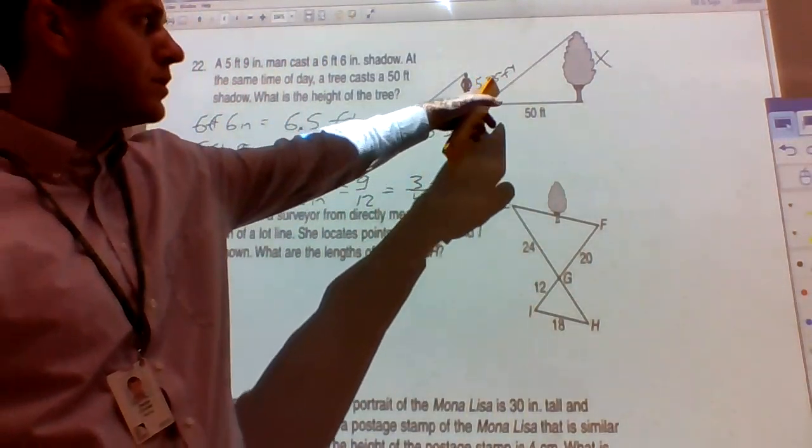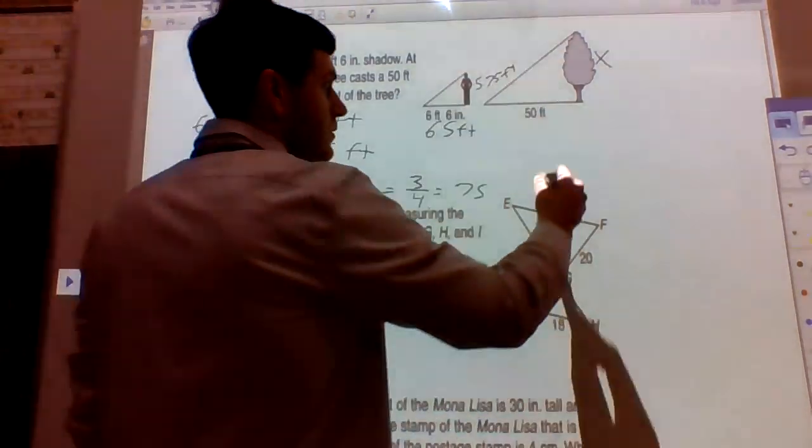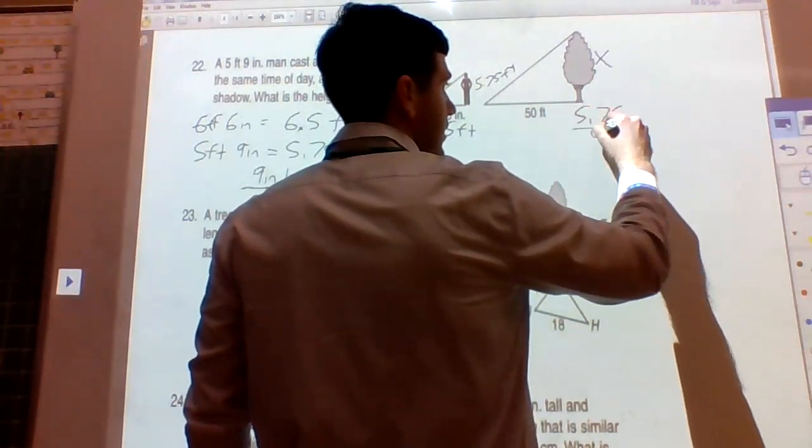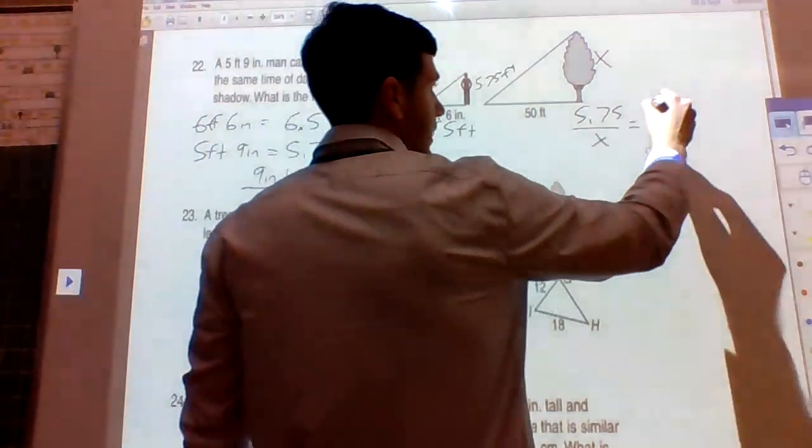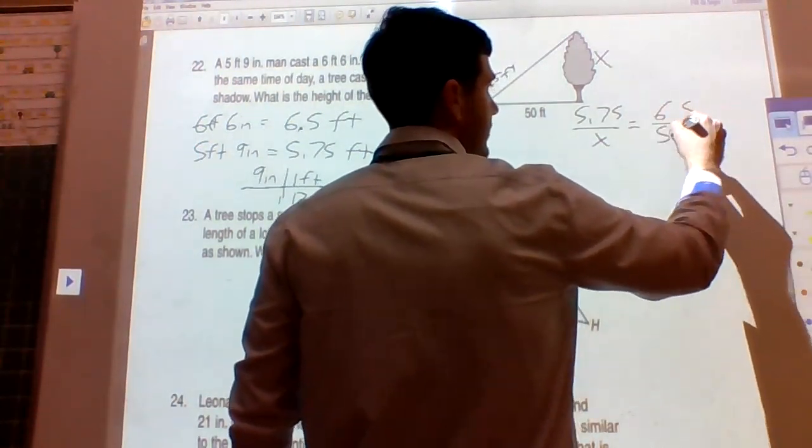Okay, so let's set up our proportion. 5.75 is to x as 6.5 is to 50.